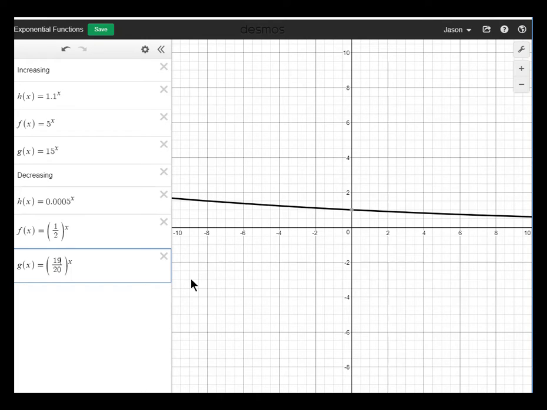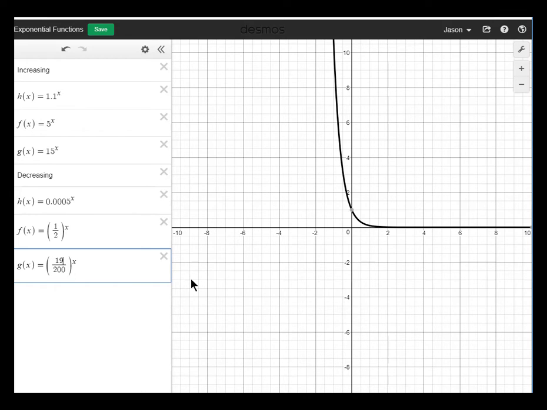Let's say it's 199 over 200. See, the closer I make this fraction to the value of 1, the closer I'm getting to a horizontal line. So let's put it back to 9/10.